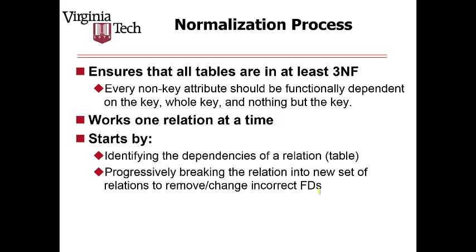We look at every attribute to make sure that there are none of these functional dependencies that we don't want in our system. And so the first thing we do is identify all the functional dependencies in the table, and then progressively work through those dependencies to get down to where only the ones we want are represented, and we eliminate the ones we don't want by creating new tables to place them into.